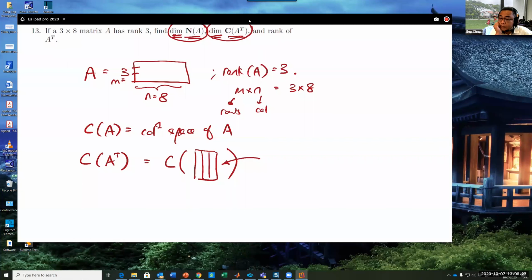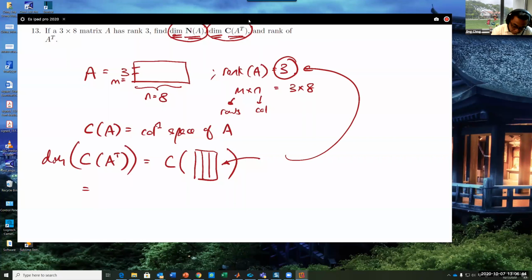How many columns are there? There are 3 columns. Are they independent? Yes. Why? Because the rank of A is equal to the number of independent columns as well as the independent rows. So the dimension of the column space of A transpose is, in this example, the rank of A, which is 3. All right, so I'm done with number 13.